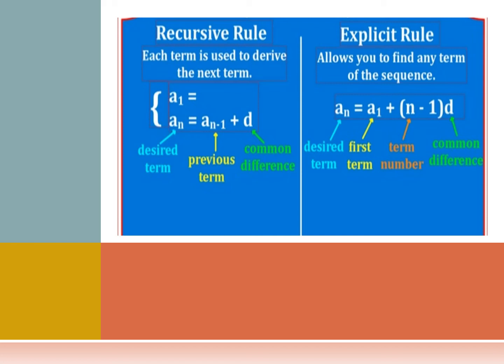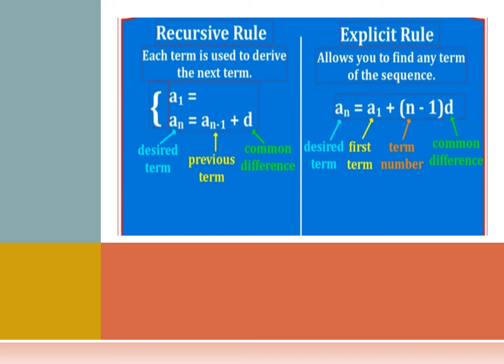So the recursive rule here is divided into two parts: the initial term, which is a1, and the recursive formula, which is an equals an minus 1 plus d.